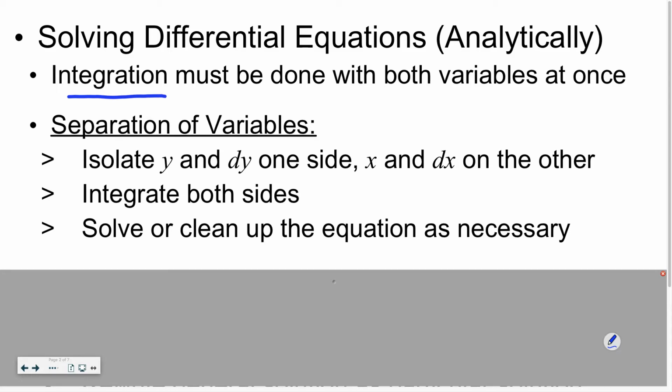Rearrange it to look pretty is essentially what I'm saying here. All of your answers should involve a plus c, because we're talking about going from a derivative to the equation.